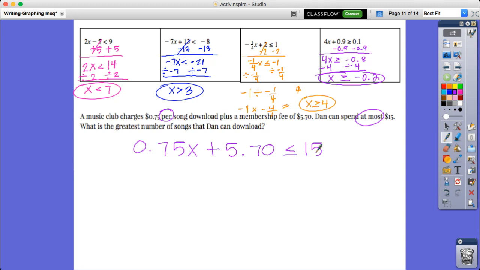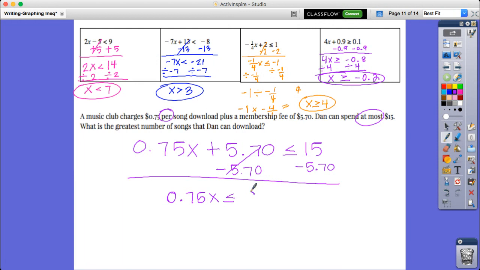All right, so the first thing we're going to do is subtract $5.70 from both sides. And we get 0.75x is less than or equal to 9.3.